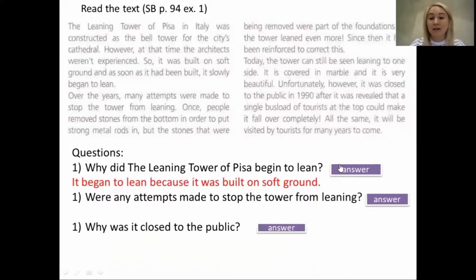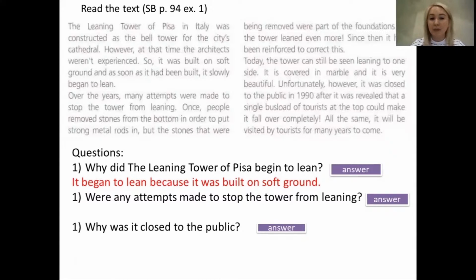So the correct answer is, it began to lean because it was built on soft ground. So I used past simple passive. It was built.